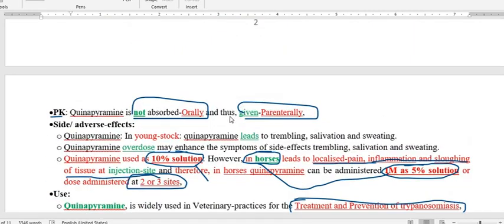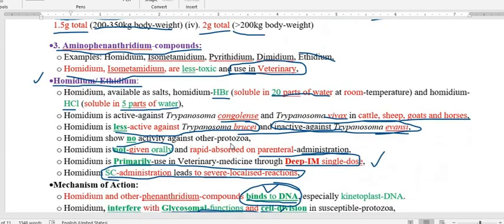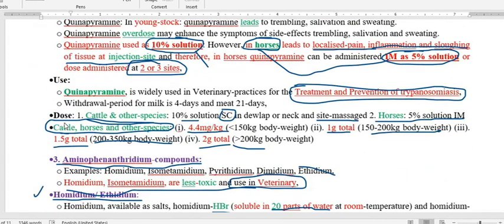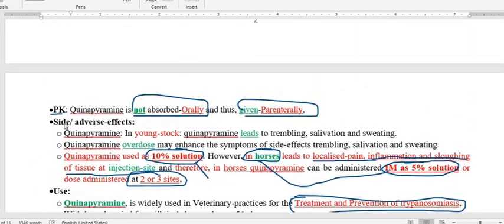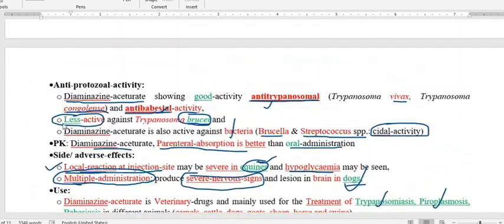Suramin is used for both curative and prophylaxis measures. No doubt the aminophenanthridium drugs are also used for both curative and prophylactic purposes, but some drugs may have both activities, like homidium, also called ethidium, which is for both treatment and prophylaxis.